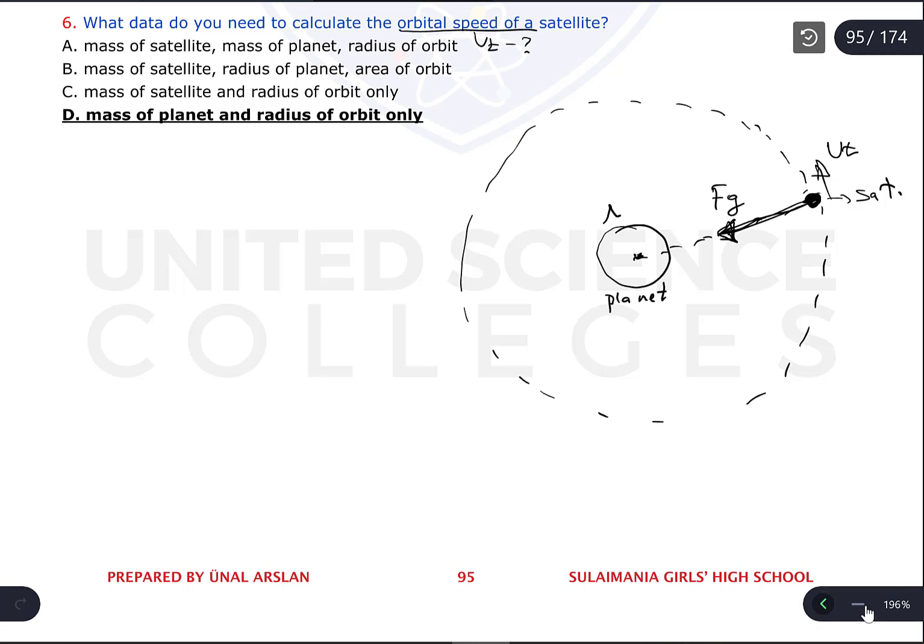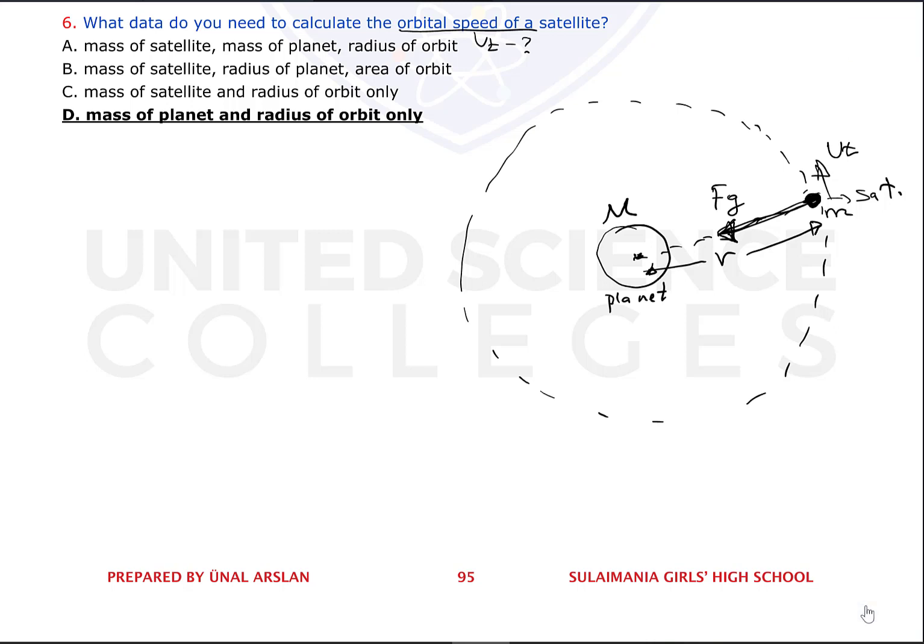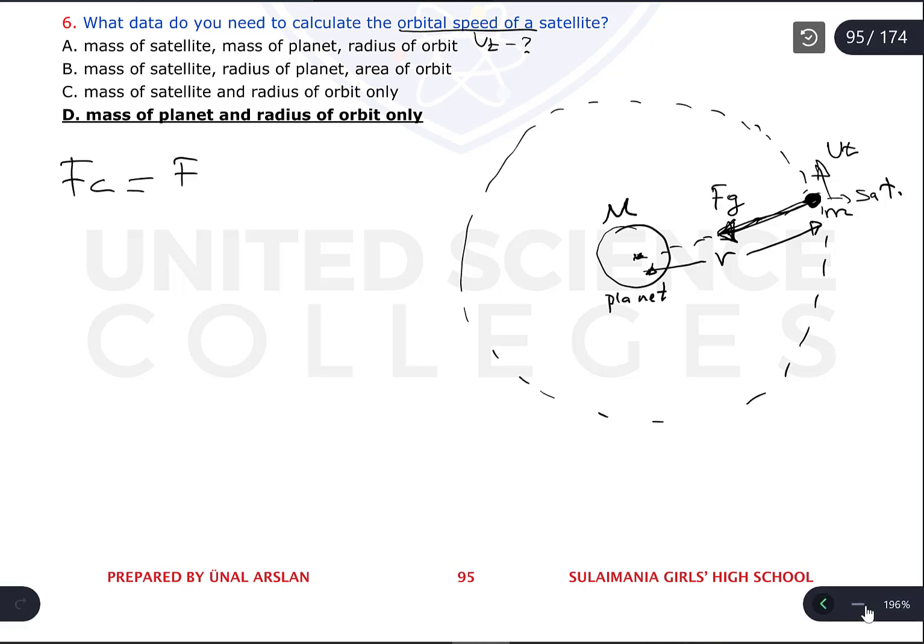Let's show the planet's mass as capital M, the satellite mass as small m because it's small in mass, and the radius of the orbit followed by this satellite, which is the radius of the circle, is r. So let's now write the equation for Fg, and Fg is the centripetal force here.